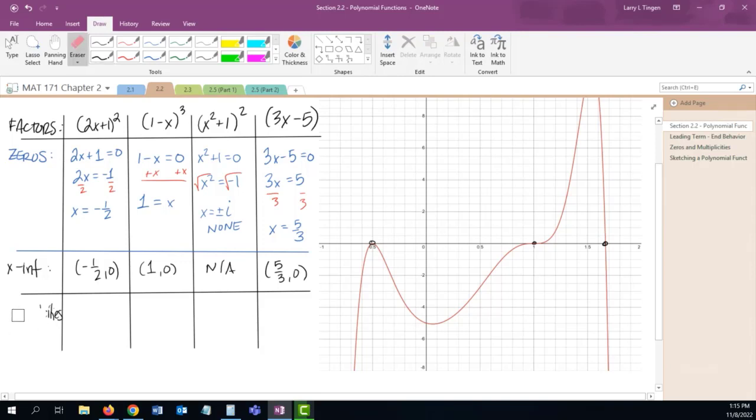Okay, let's not even pretend like that can be read. We're going to do multiplicities. Okay, what I want you to do here is just find or tell me what is the power each factor is raised to.